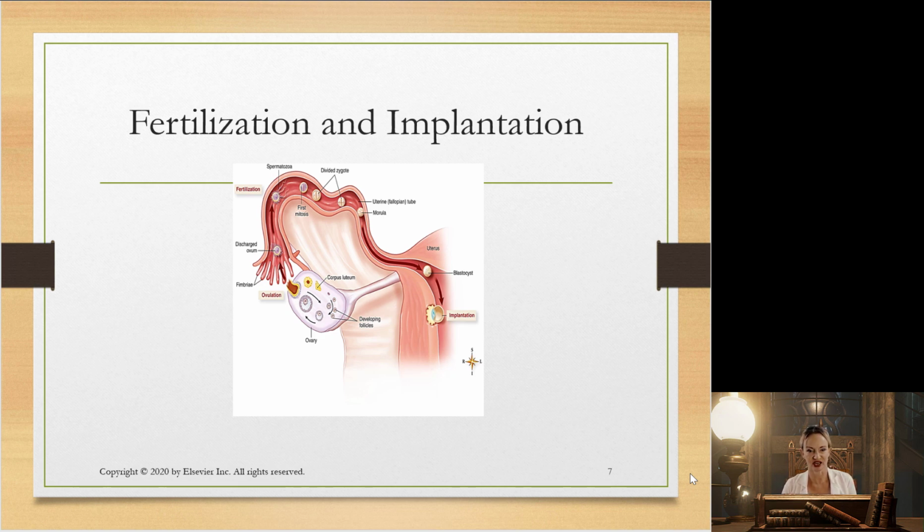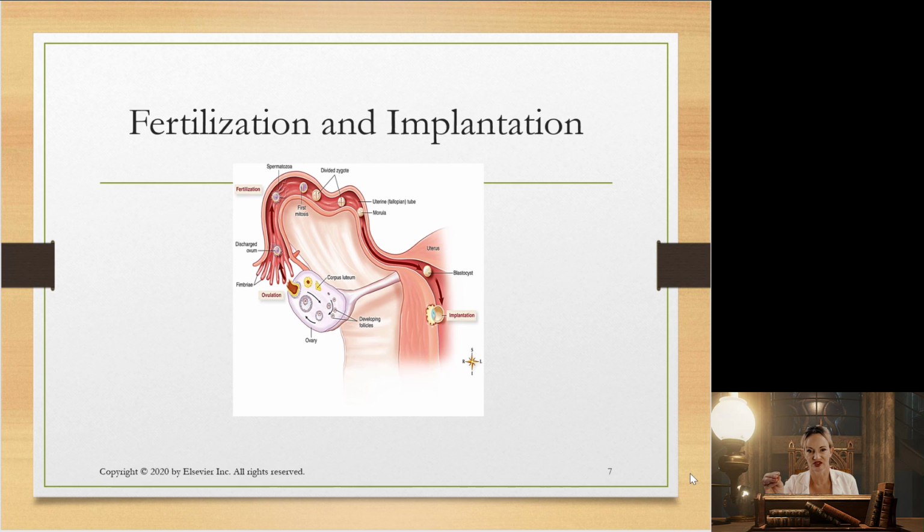Fertilization and implantation. So this goes to show where the ovary is, and you can see the ovulation of the ovum, and it gets attached by these finger-like projections, the fimbriae, and it goes up into the tube, and then it starts to divide.